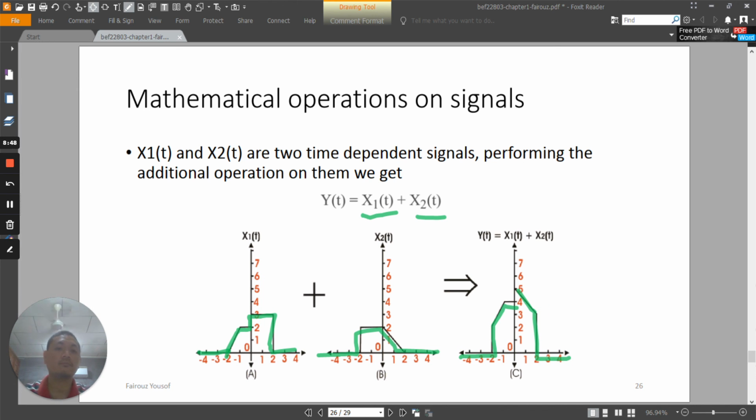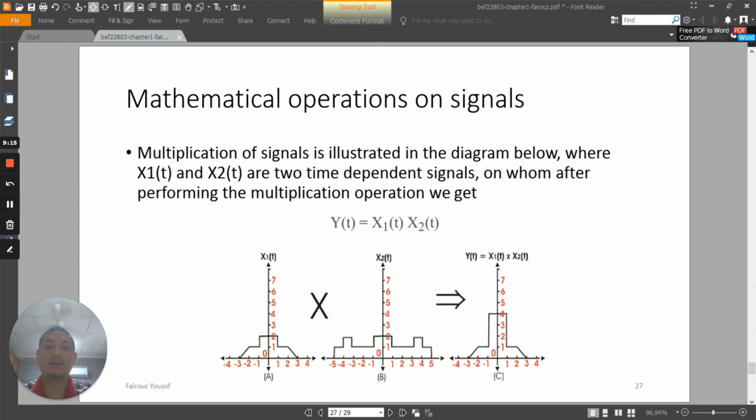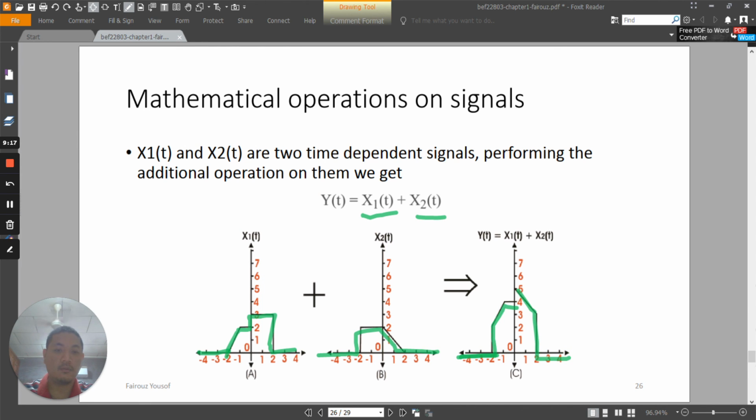If you write this in piecewise function, you will have 7 functions.